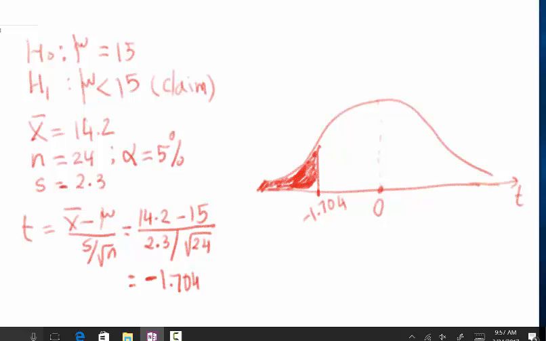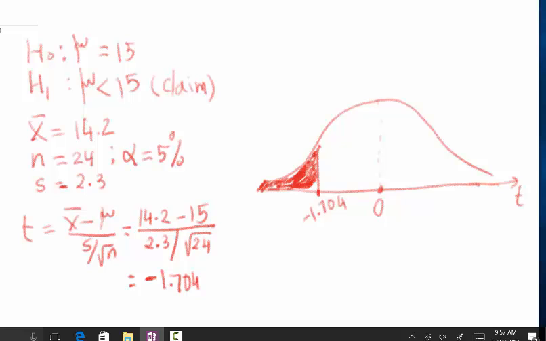The p-value by definition is the probability of observing a value that is as extreme as or more extreme than the value obtained from the sample. The value that we obtained from the sample was 14.2, which is the sample mean. We changed that to a standardized test statistic. It turned out to be negative 1.704.